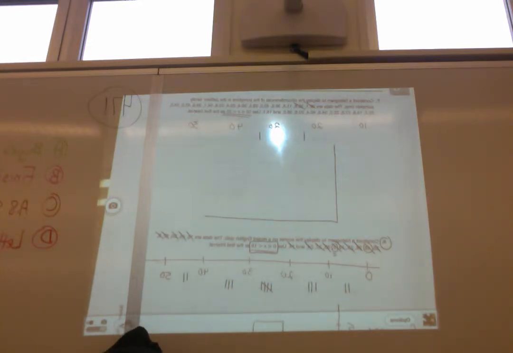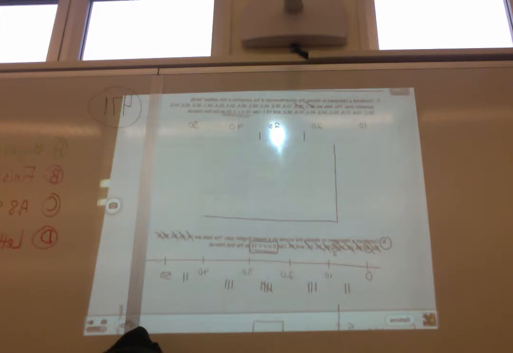Yes? Number 40, to the right of 40. 40 is the bottom end of something to the right. That's a great question. No, to the right of 40. 40 is going to be between these two, so 40 is included in this group, and 30 is included in that group.